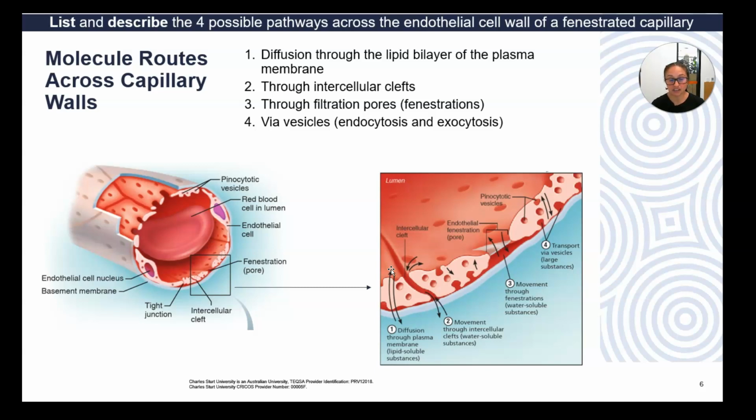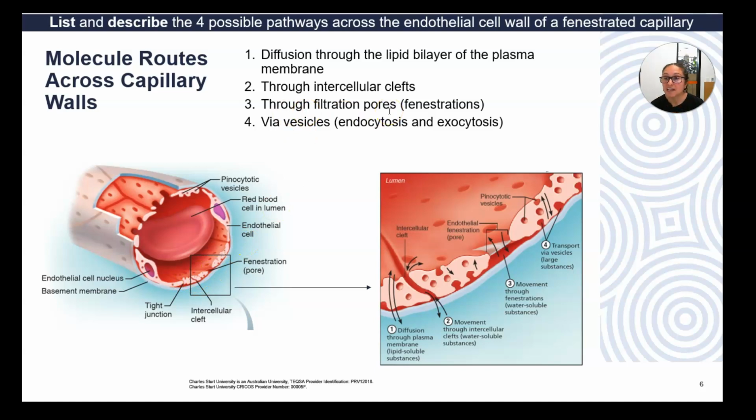That's what oxygen does, that's what carbon dioxide does. The other way that we can get through is through clefts. The cleft is the space between each endothelial cell. See? There it is there. There you go, there's a cleft.